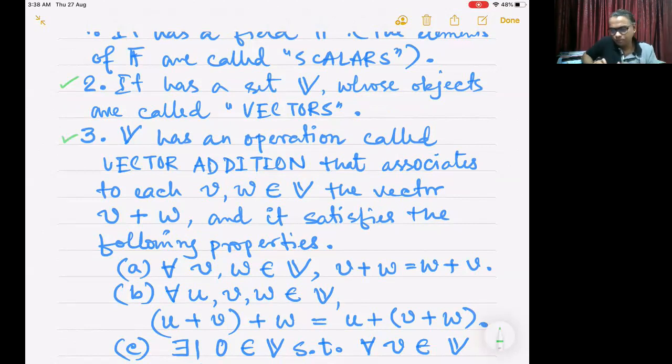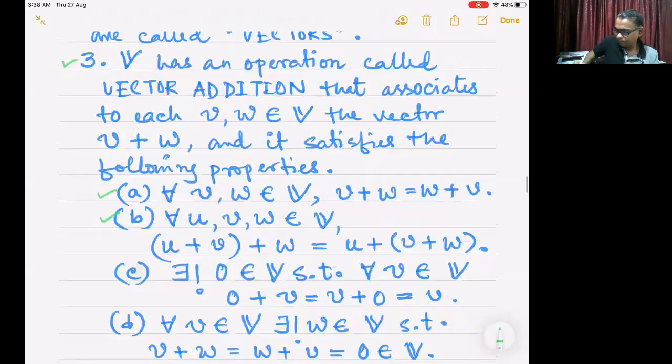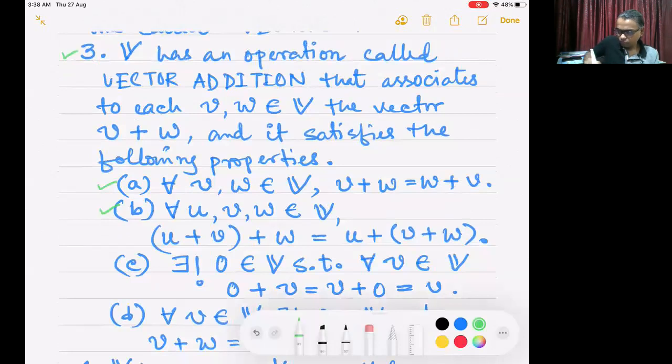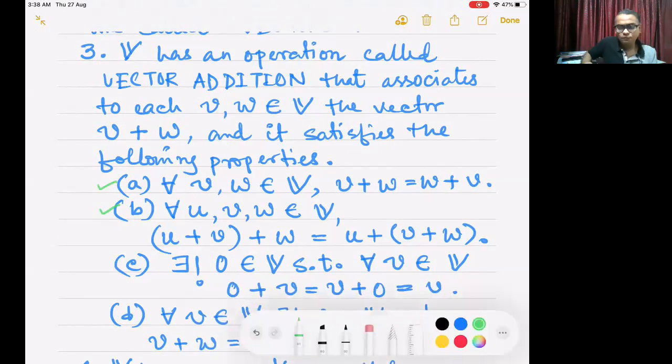So this is the first thing I have to check, for 3. The commutativity and associativity I don't have to check because they're already there, since they are there in V. So of course the same operation applies in W also.